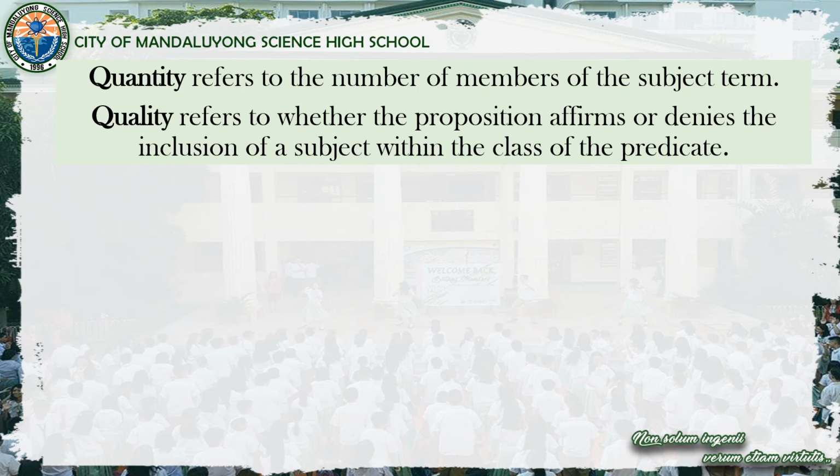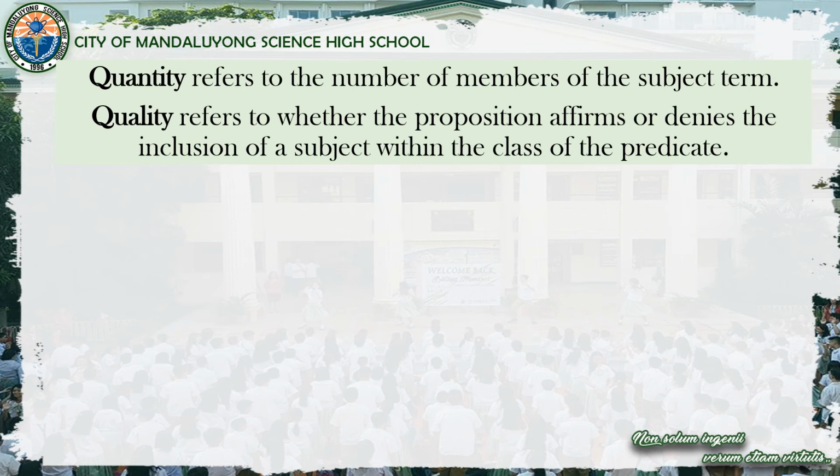So, the quality refers to whether the proposition affirms or denies the inclusion of a subject within the class of the predicate. Of course, it can also be expressed in quantity as well. It refers to the number of members of the subject term.